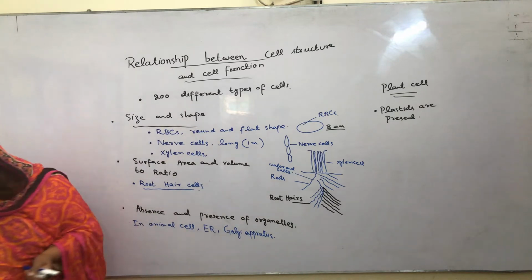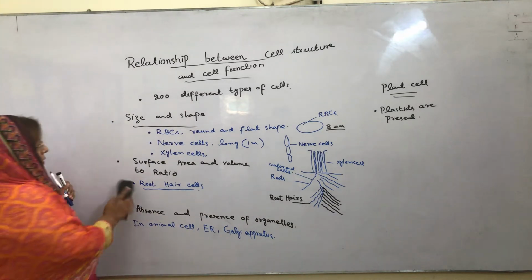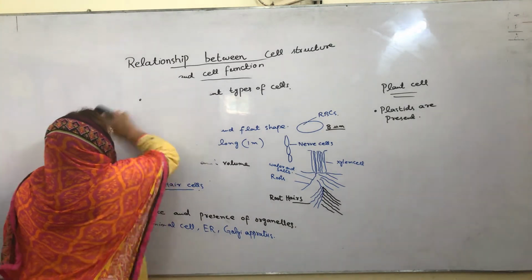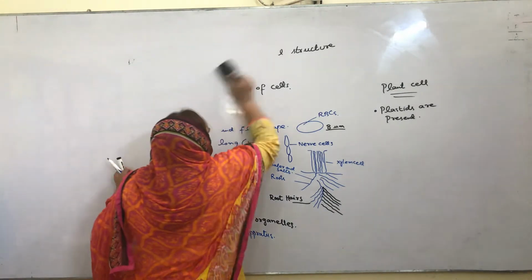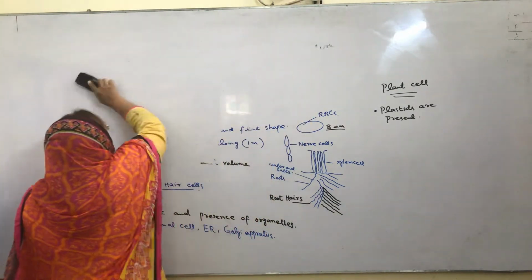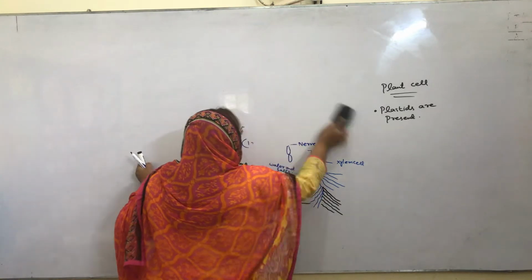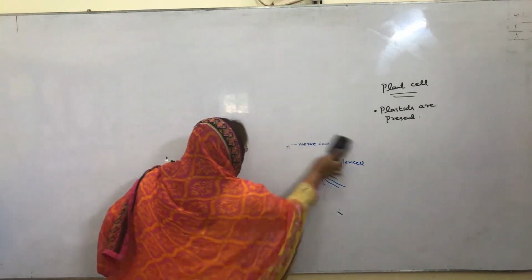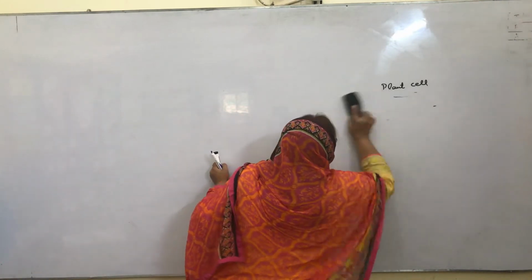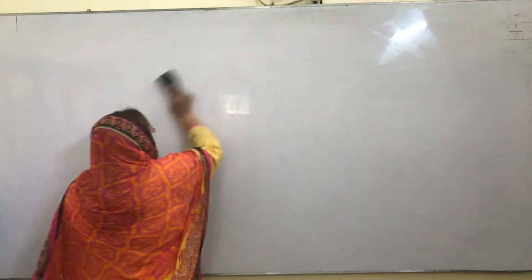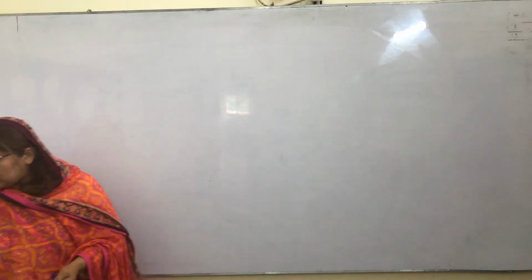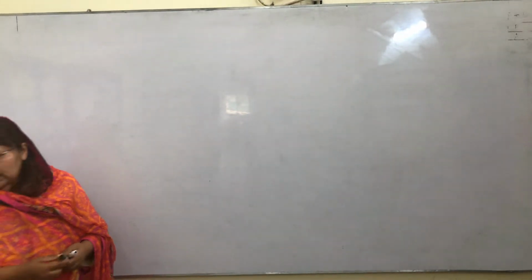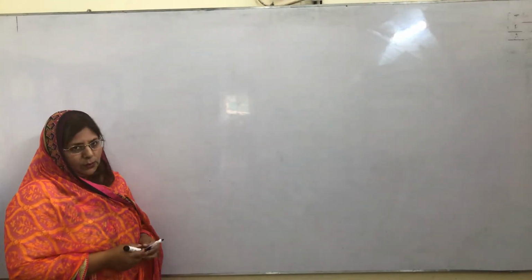Now next, this part is clear to us that there are 200 different types of cells.